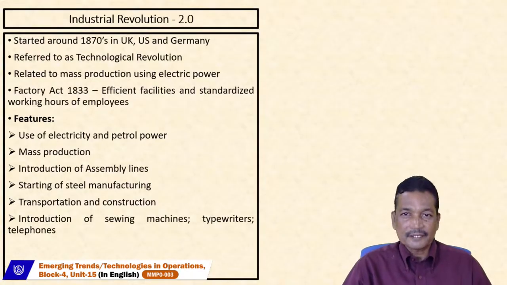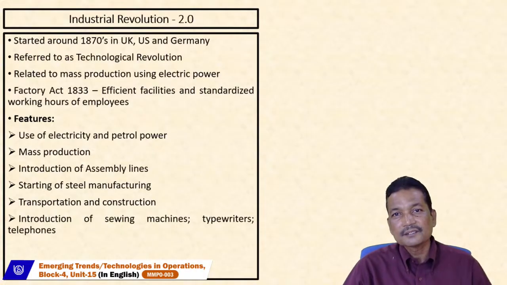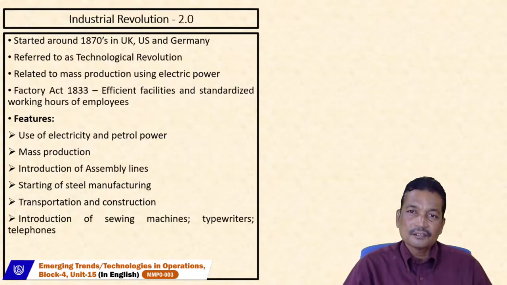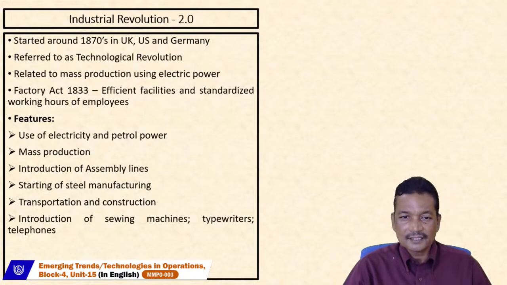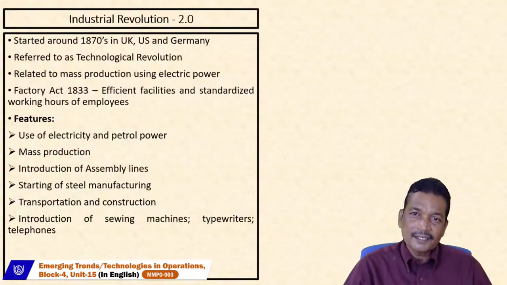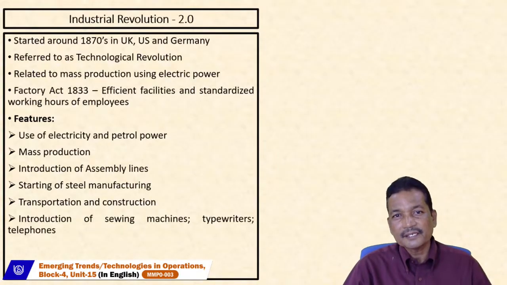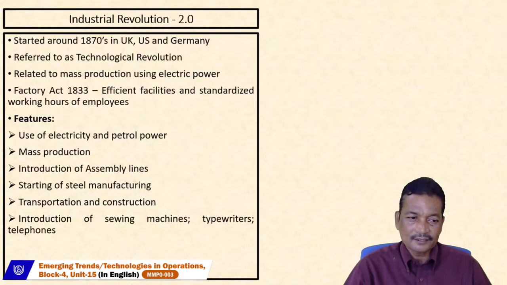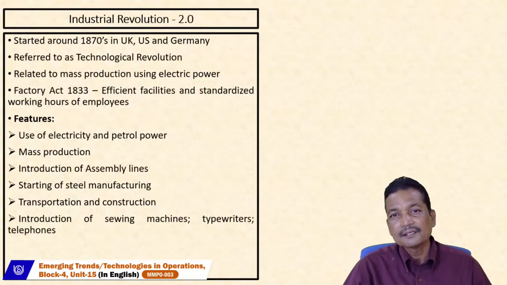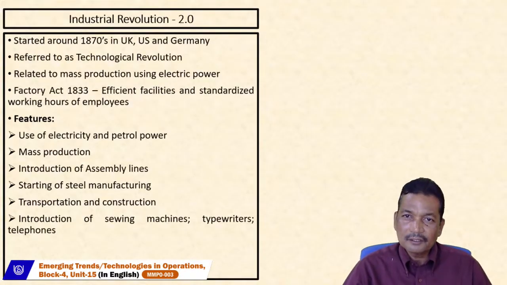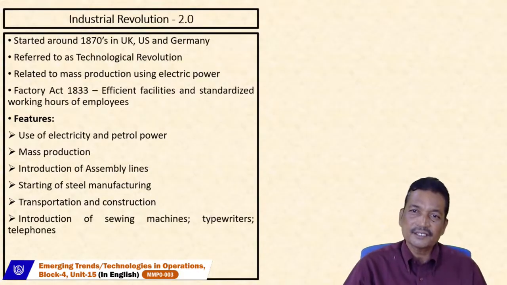Another one is typewriters. If you look at various books, writings, etc., in the earlier days, those were handwritten. And handwriting depends upon the individual who has written the thing. It may be readable or not readable also sometimes, due to change in handwriting from individual to individual.